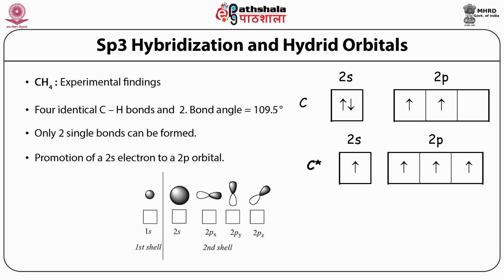And this is shown by the electronic configuration of C star, which is nothing but the excited state of carbon. On the right hand side, you can see the shape of different orbitals in a carbon atom. These orbitals are 1s corresponding to the first shell, and the second shell has the orbitals 2s, 2px, 2py and 2pz.